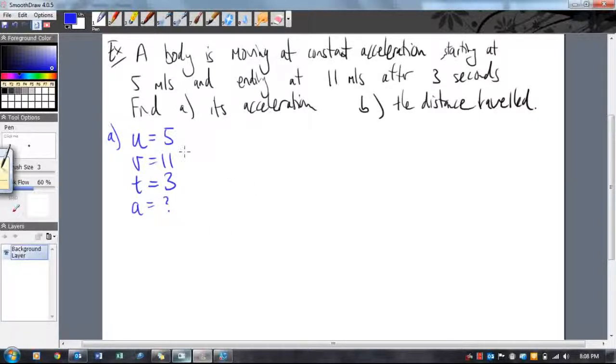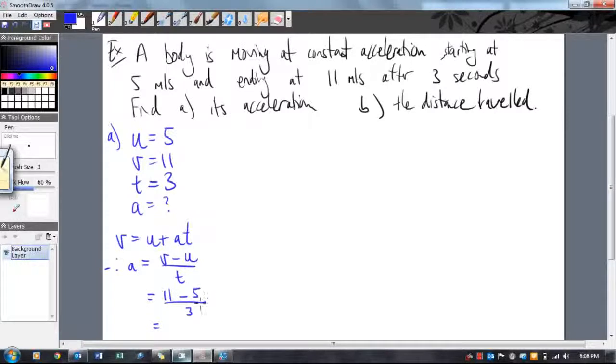You need to look at your four formulas and decide which one uses u, v, t, and a. The answer is the first one: v equals u plus at. With a quick rearrangement, a equals v minus u over t, which is 11 minus its initial velocity 5, over the time taken, 3.